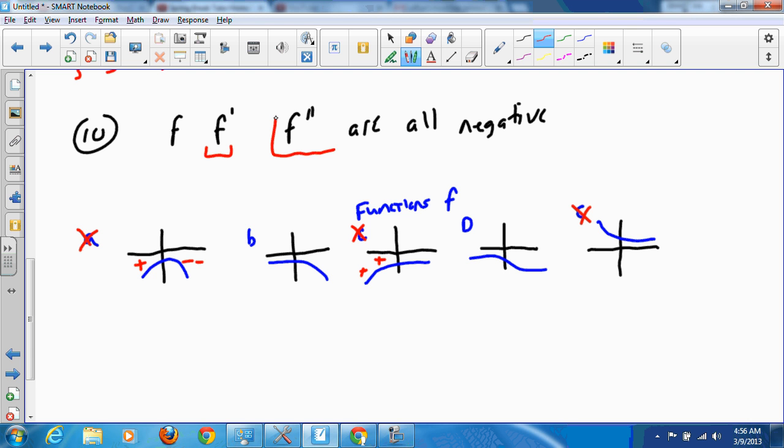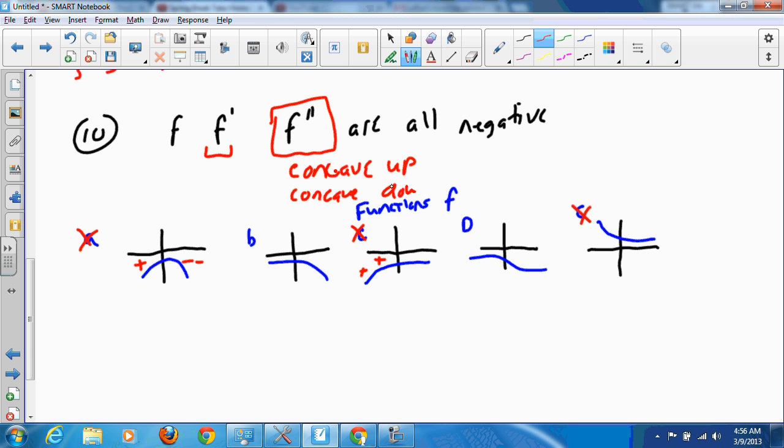Okay, so here we're getting into a little bit of a section that we haven't gone over as much as we need to. We will after spring break. So the second derivative tells us one important thing, or several important things, but the first thing it tells us is the concavity, or whether it's concave up or concave down.